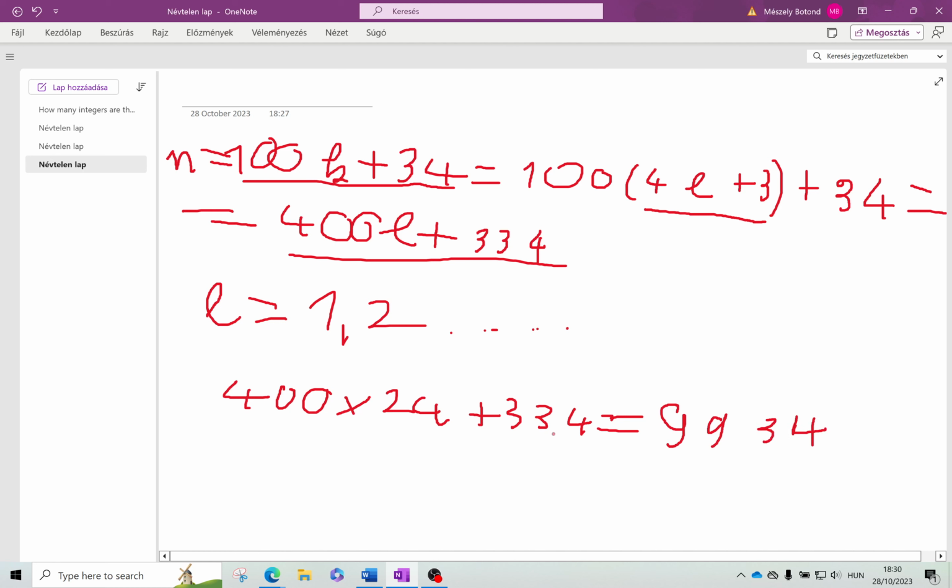So this is the last number. 24 is the last value that is still between 1 and 10,000. So L can be 0, 1, 2, up to 24.